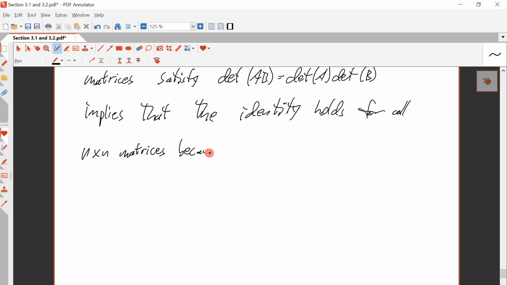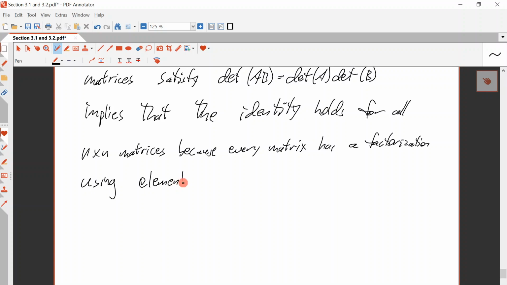Because every matrix has a factorization using elementary matrices.